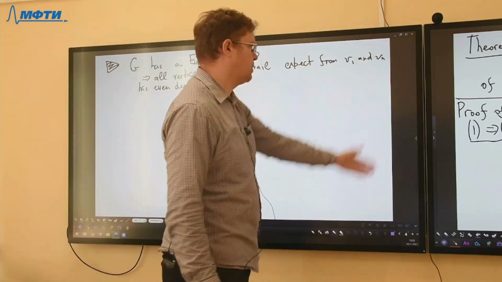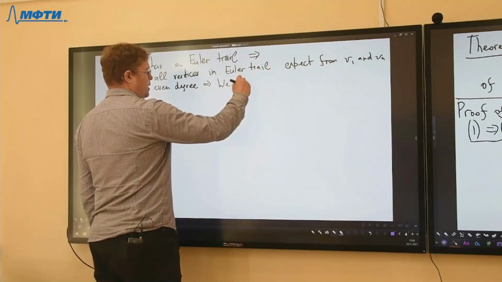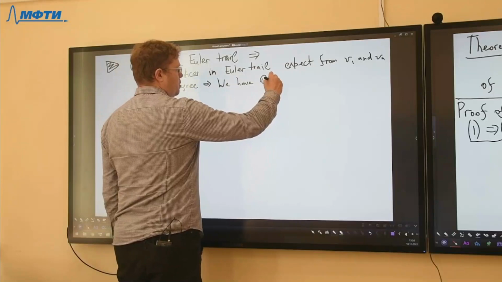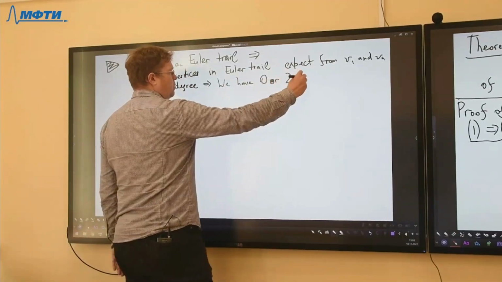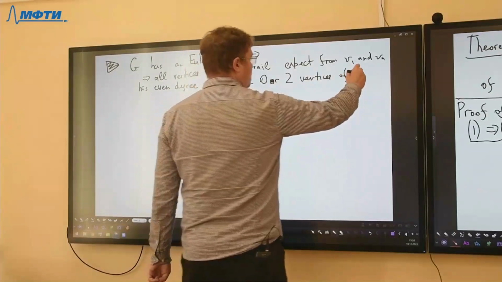So we have 0 or 2 vertices of odd degree.